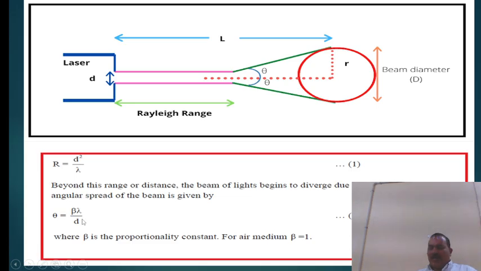In optics, small d is the distance between the two coherent sources and capital D is the distance between the coherent sources and the screen, but here d represents the aperture size. Beta is a proportionality constant, and if you are working in an air medium, you take beta equal to 1. This is equation number 2. These are the two relations related to the basics of directionality.